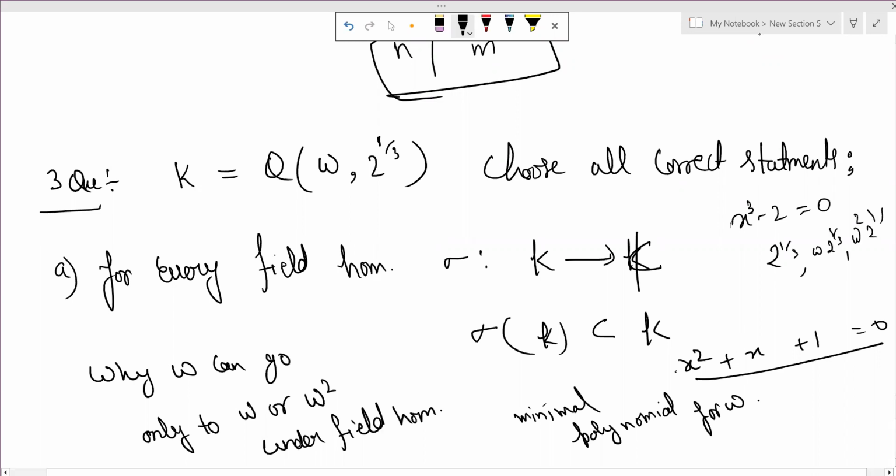All of these are present in K, since omega is in K and 2 to the power 1 by 3 is in K, so their product is also there. So under any field homomorphism from K to C you can send any entry of K only to entries of K. This is the true statement.